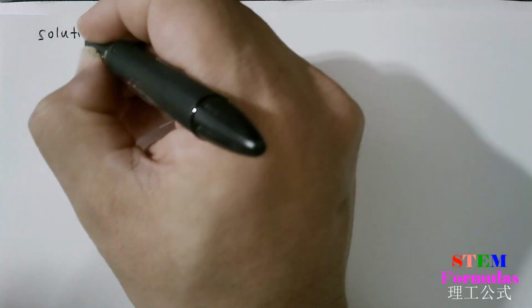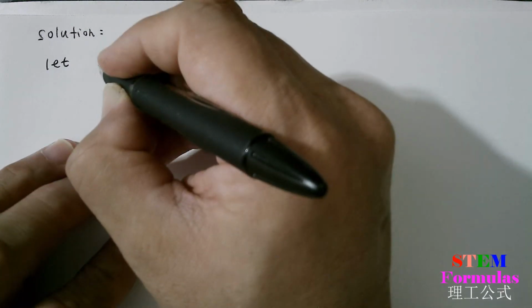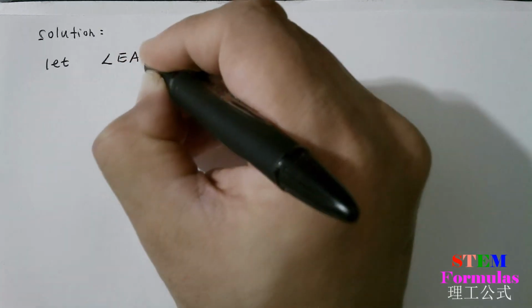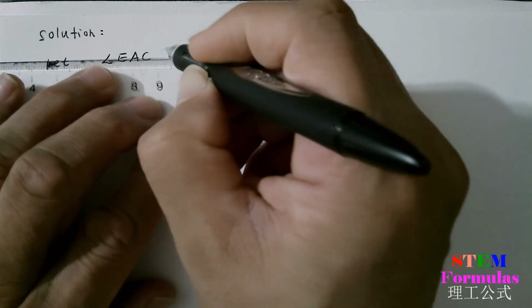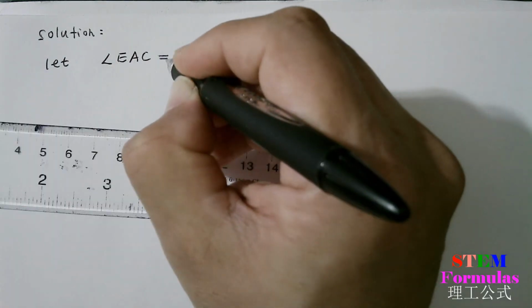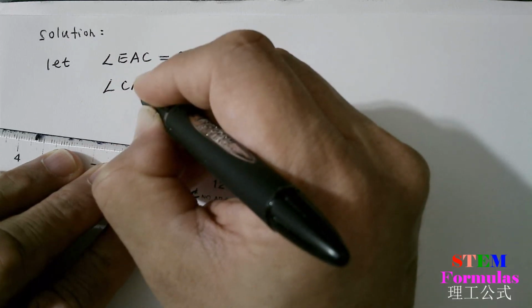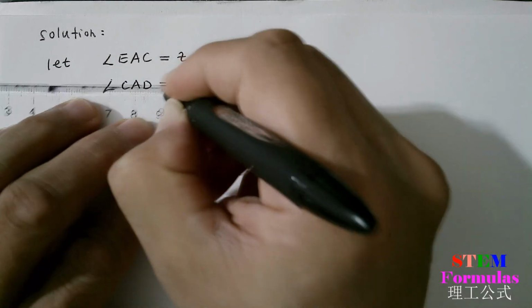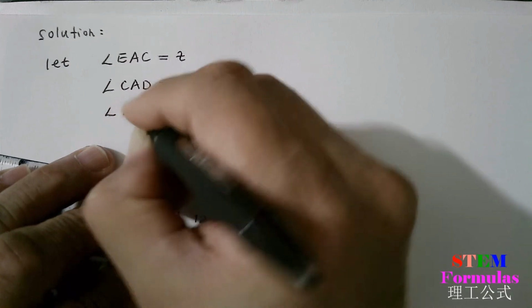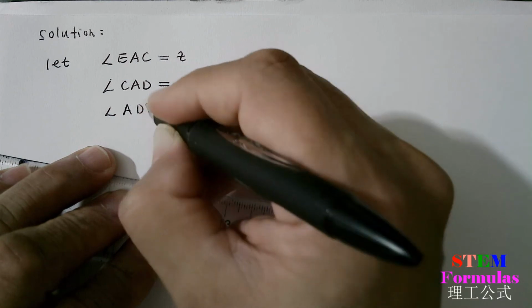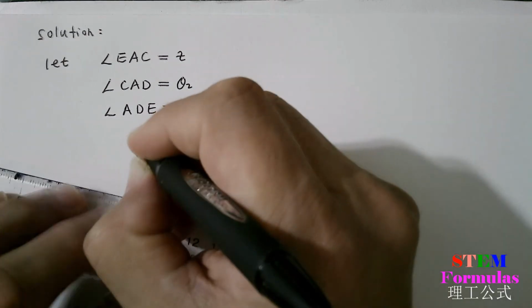Solution. We define some angles. Let angle EAC equal z. Angle CAD is θ2. Angle ADE equals y.